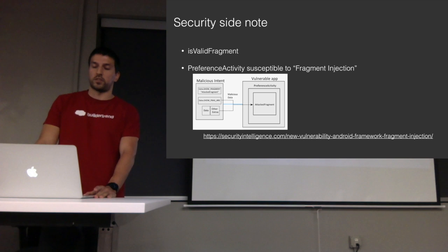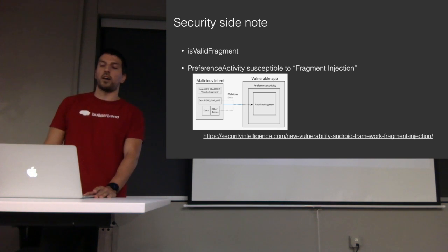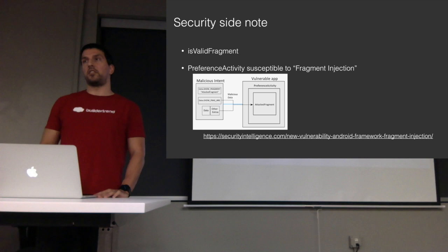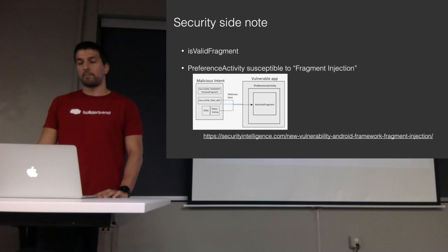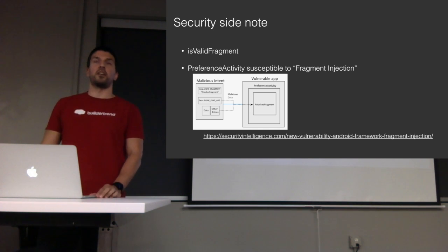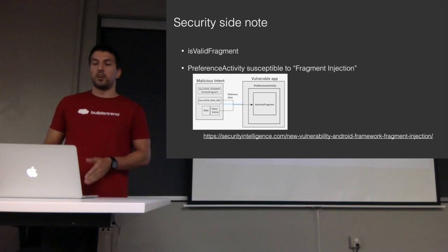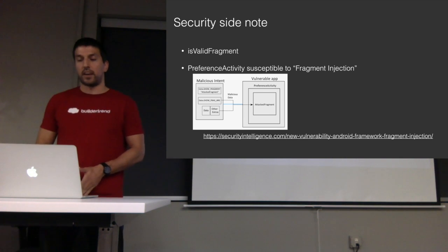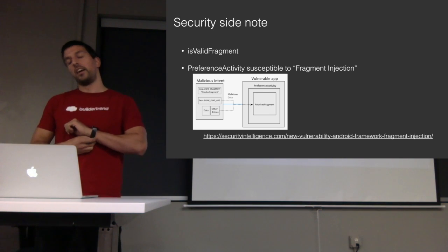So what these researchers were able to do was supply the settings app with an intent that supplied a different fragment that the app contained, and was able to get the settings activity to inflate the user reset pin fragment, completely bypassing the confirm your pin fragment because all it had to do was put the name of the reset pin fragment in the intent, and the settings activity happily inflated it.